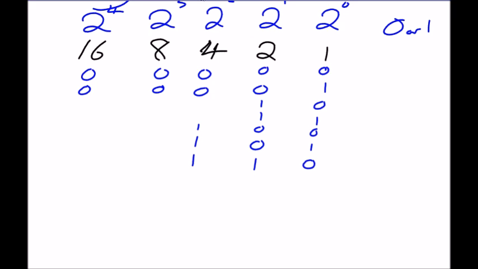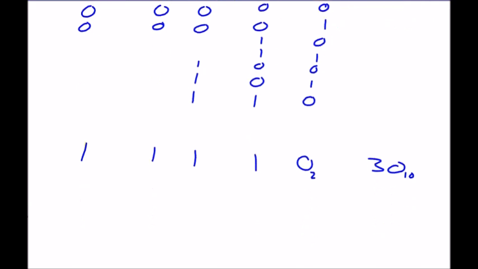So all these values, and I go all the way down to the number 30, which is a 16, an 8, 24, plus a 4, 28, plus a 2, 30, and that's the number 30. And I'll put the subscript there to say base 2 and base 10, and the final value, 1, 1, 1, 1, 1 in base 2, which is 31 in base 10.